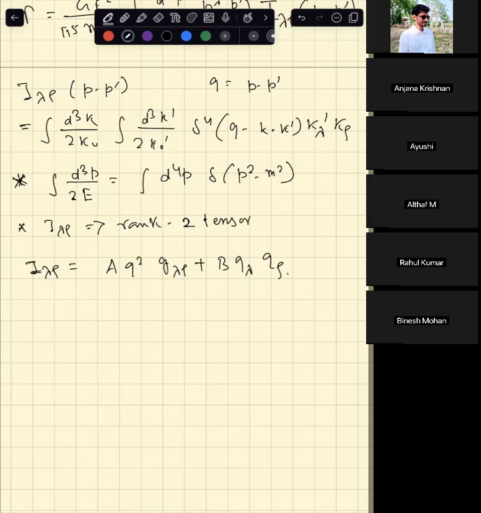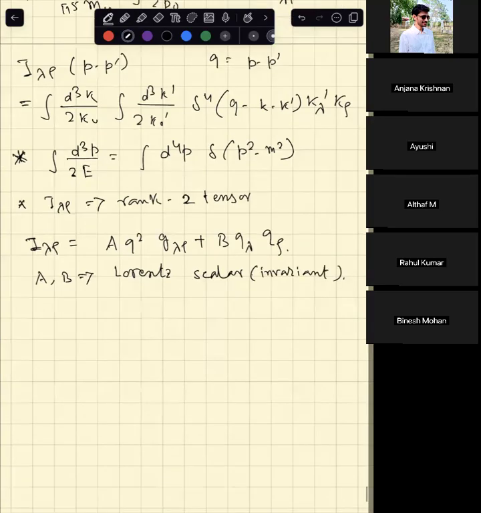So this is the possible way we can decompose a rank 2 tensor which has the correct transformation property under the Lorentz transformation, and the coefficients are Lorentz scalars. So here A and B are basically Lorentz invariant, scalar in the sense of invariant.